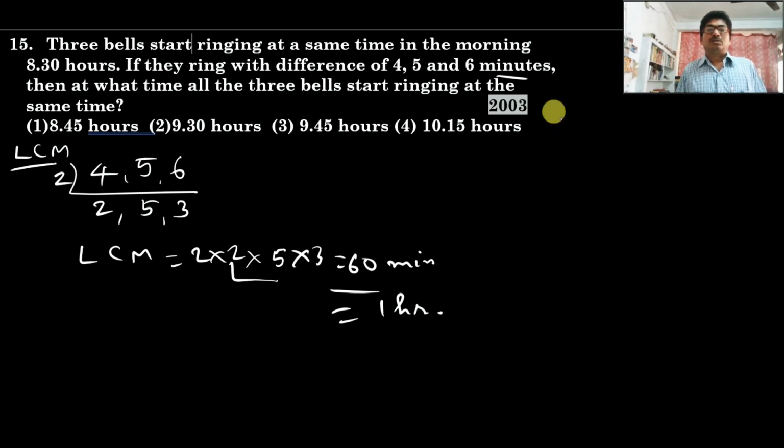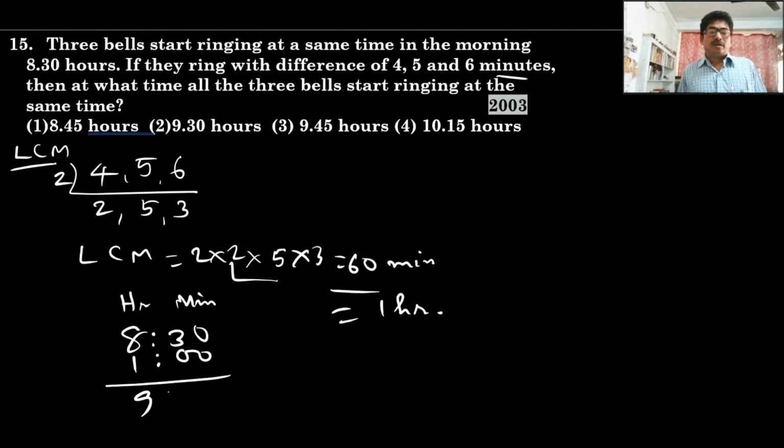Next same time: 8:30 hours. These are hours, these are minutes. So we add 1 hour to this. 9:30, 9 hours 30 minutes. So 9:30, option 2.